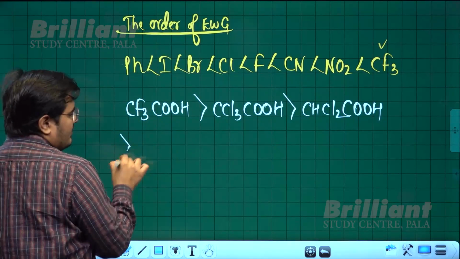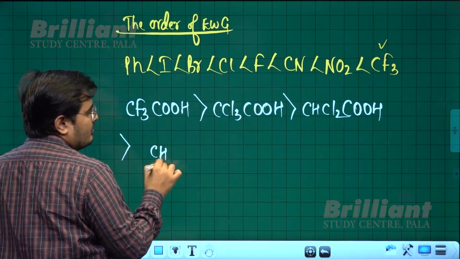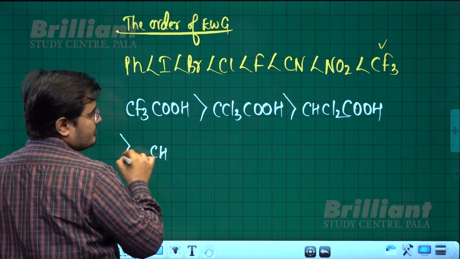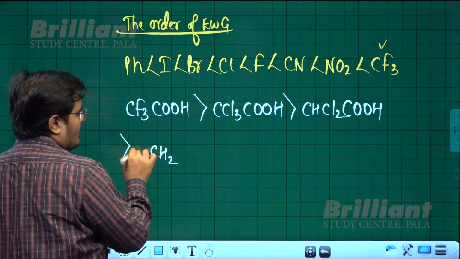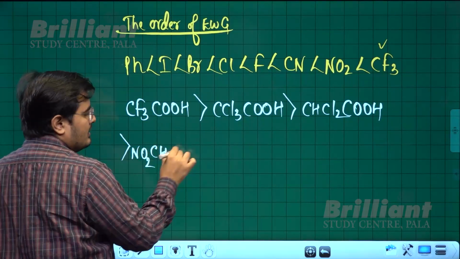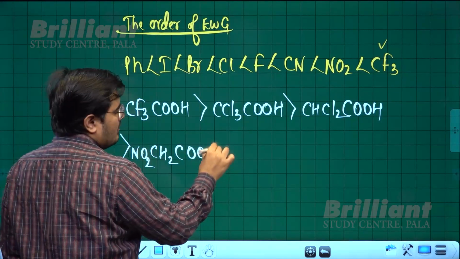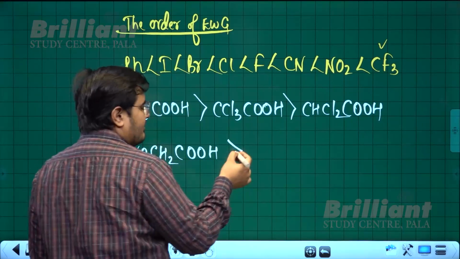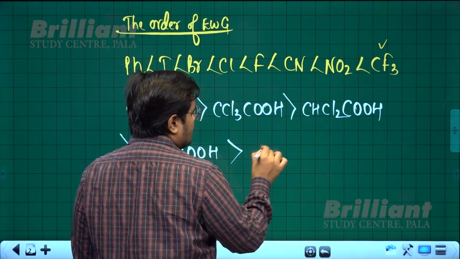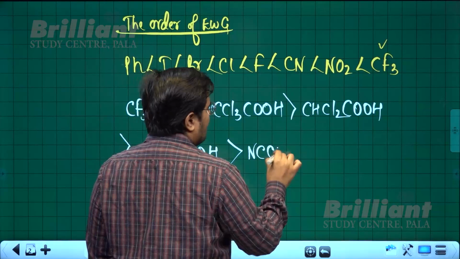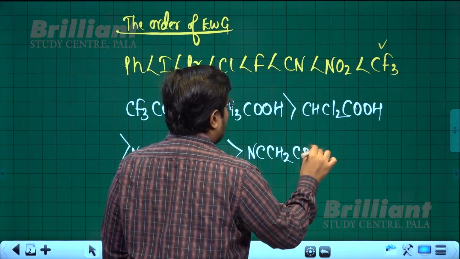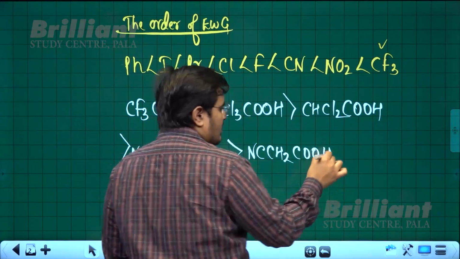After that you will have NO2CH2COOH, then the next acid we are going to have will be CNCH2COOH.